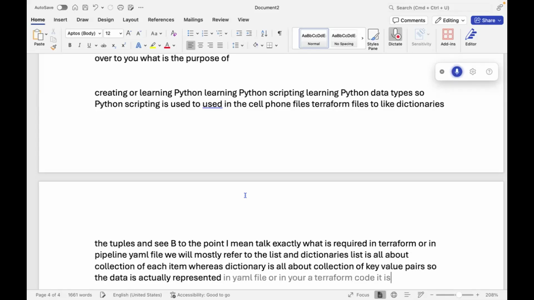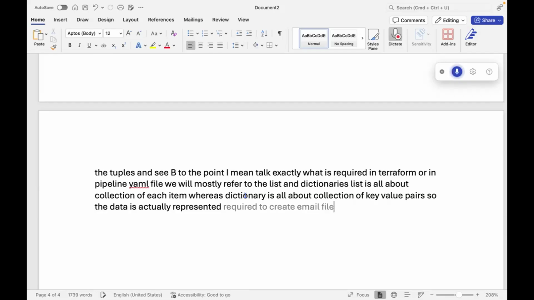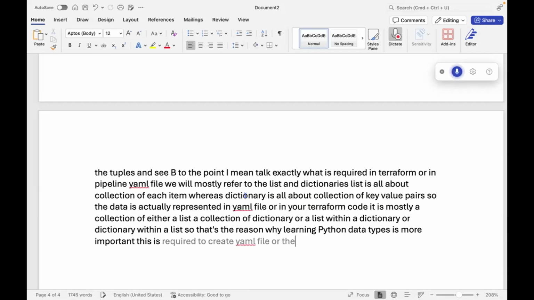It is mostly a collection of either a list, a collection of dictionaries, or a list within a dictionary, or a dictionary within a list. So that's the reason why learning Python data types is important. This is required to create or understand the YAML file and JSON file.